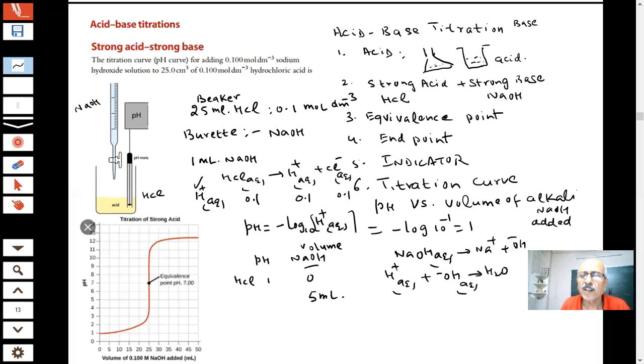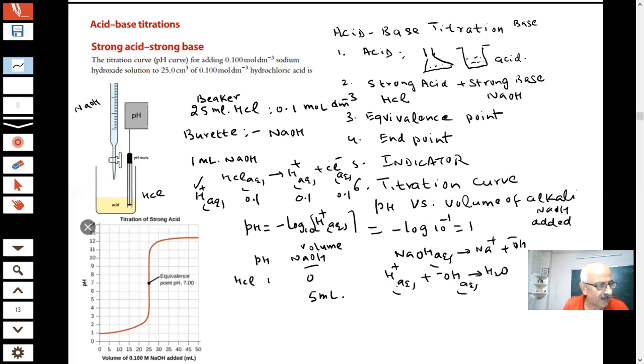So the concentration of H plus will decrease. If H plus decreases, the pH increases. That you know. But how much will it increase?